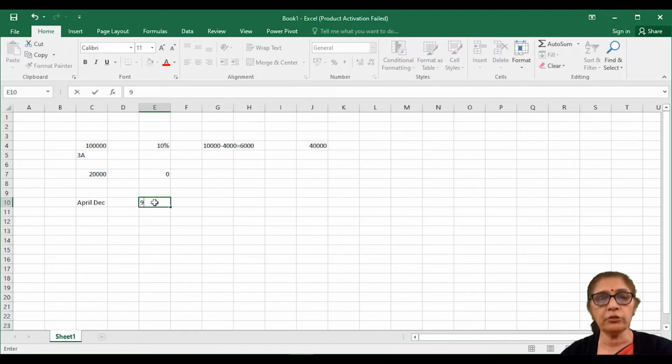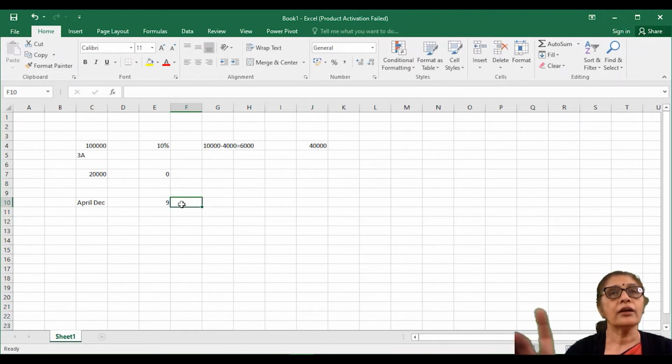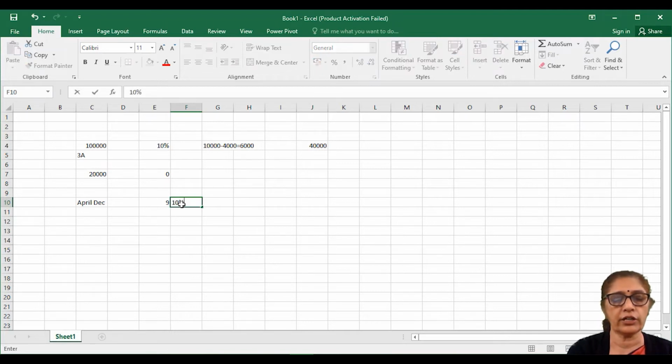For these 9 months, I shall pay tax on the value of loan computed on the basis of 1 lakh at 10% rate of interest. 1 lakh into 10% into 9 by 12, because the outstanding balance at the end of each month is 1 lakh. April, May, June, July till December it is 1 lakh.